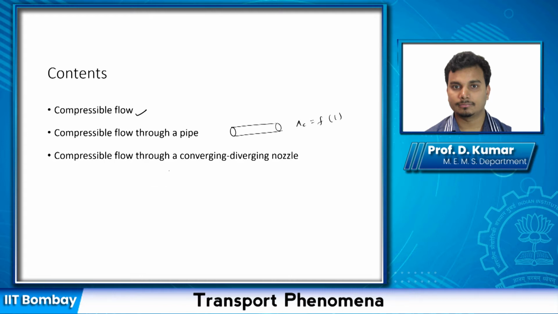And then we'll talk about a very interesting aspect of compressible flow, that is flow through this converging diverging nozzle, also known as De Laval nozzle, in memory of the person who developed it. So in this case, you start from a converging section and then you diverge.